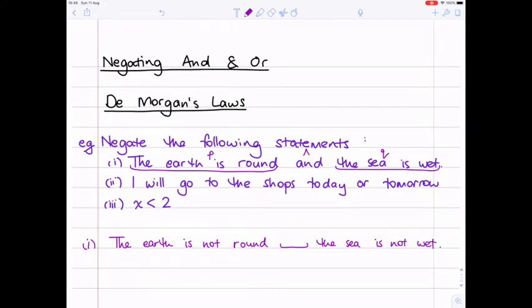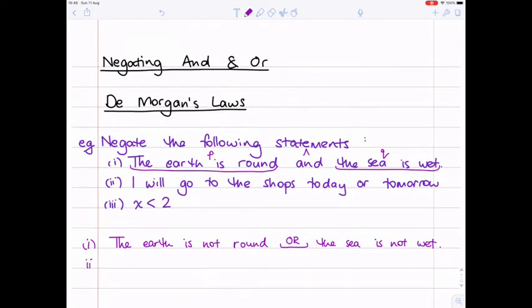We want this sentence to mean not the case that the earth is round and the sea is wet. So if we want it to be not that the earth is round and the sea is wet, it means that one of them needs to not be true. So we need to have that the earth is not round or the sea is not wet, because that will give us the negation.